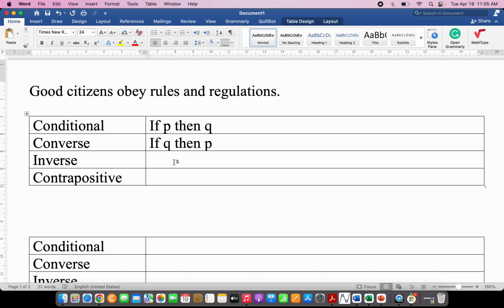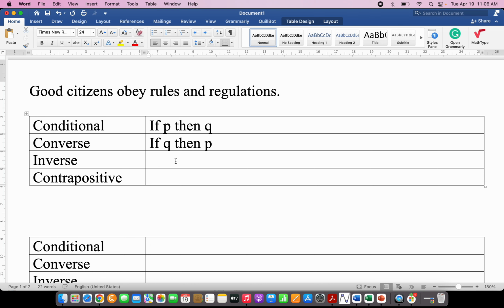Are you following? Babaliktarin lang natin siya. Sa conditional statement, we have if P, then Q. Sa converse statement, yung conclusion natin, gagawin natin siyang hypothesis. And then yung hypothesis natin, gagawin natin siyang conclusion.